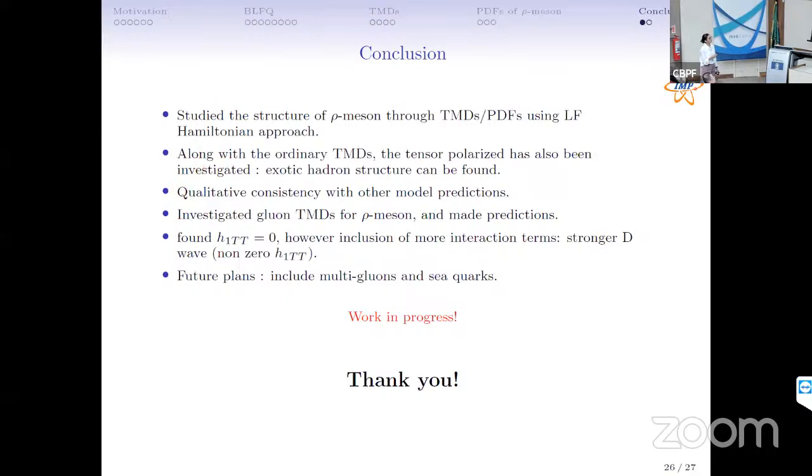Then we have found qualitative consistency with other model results, except in some low x region. And then we have investigated these gluon TMDs for the rho meson. We found that H1TT is 0, but inclusion of more interactions can make it non-zero. Our future plans are to include multiple gluons and sea quarks, and this work is in progress. Thank you.